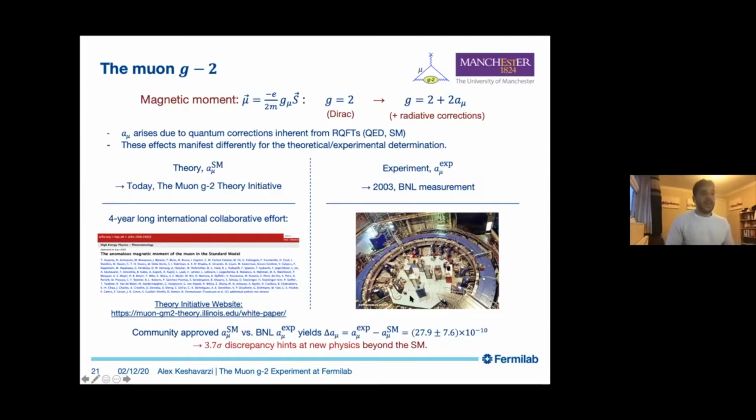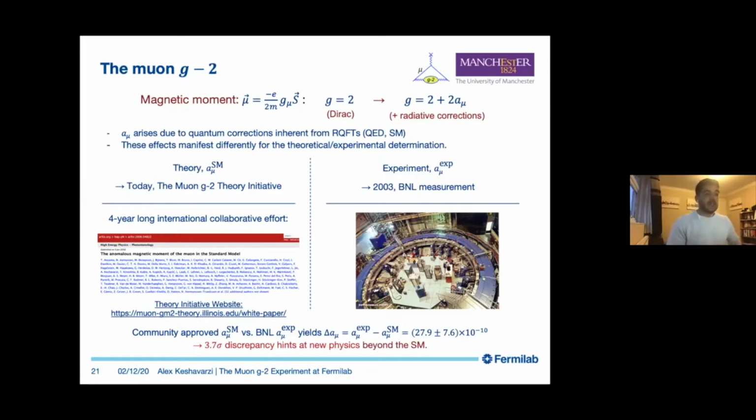But if you compare these two numbers, you can see here that the difference between the experimental value and the standard model value is about 28 in units of 10 to the minus 10, with an uncertainty of just about 8. And this corresponds to a 3.7 sigma discrepancy between the two values. And we all know that discoveries in physics are set at the 5 sigma level, and so we're now just over a sigma below what would be classed as a physical discovery.